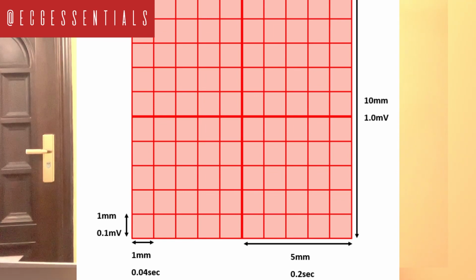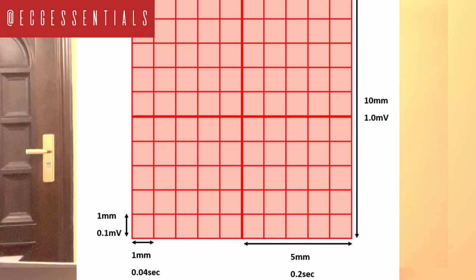On the image again, we see that on the horizontal axis that measures time, one of the small boxes measuring 1 millimeter is equal to 0.04 seconds. And on the vertical axis, one of those small boxes is equal to 0.1 millivolts.